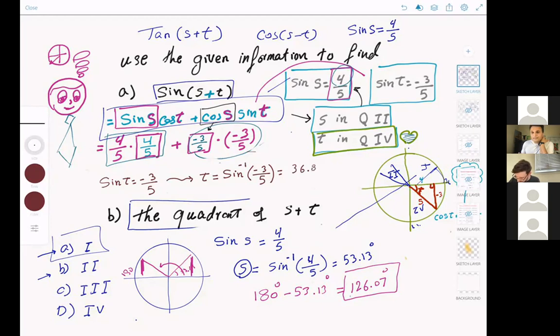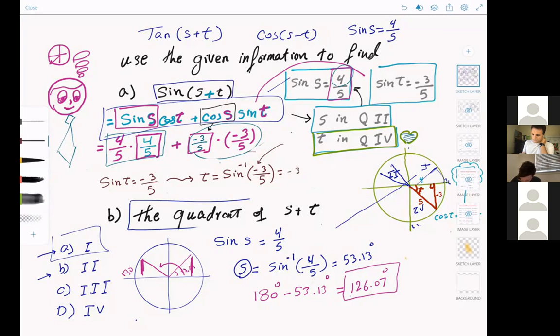Did you put negative? No. So put negative. I just get -36.86. Very good.